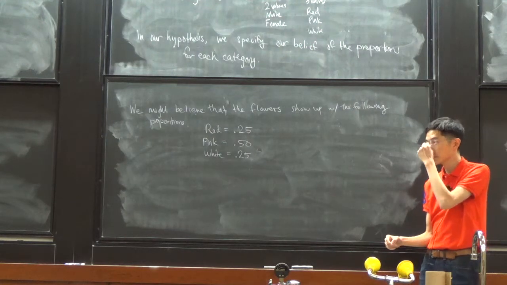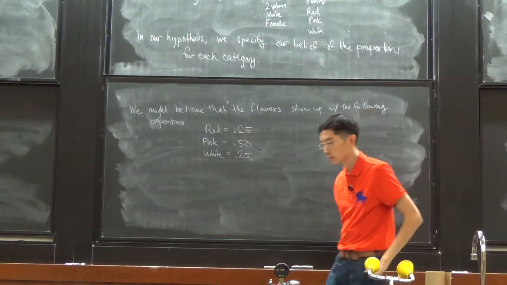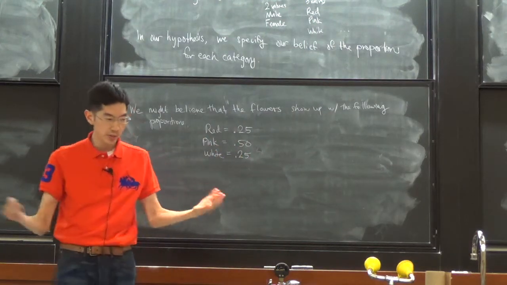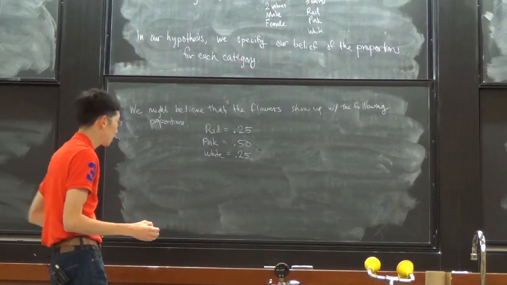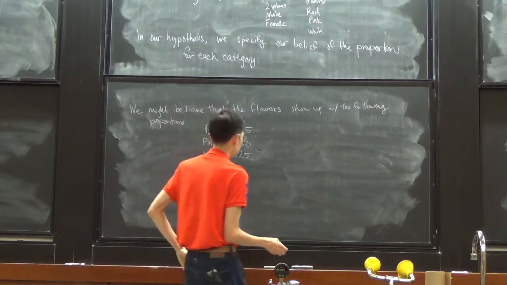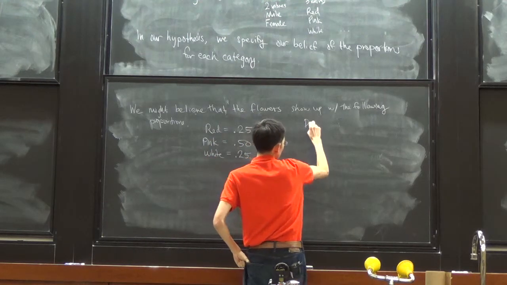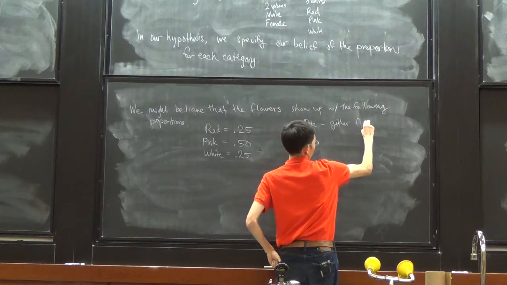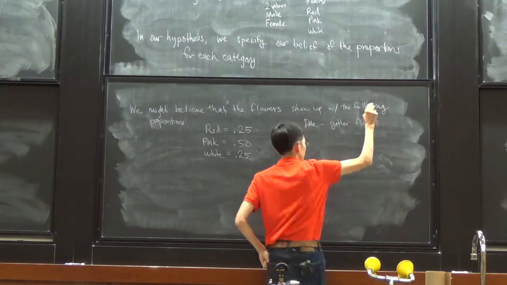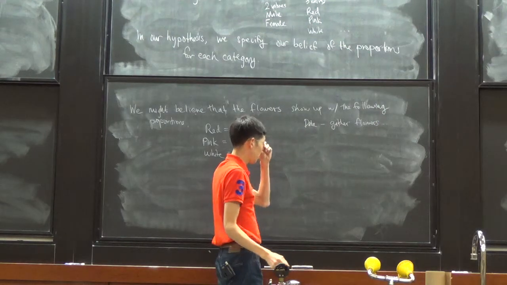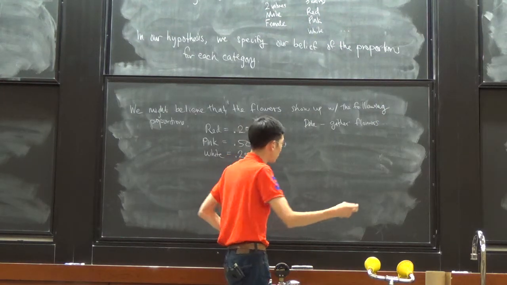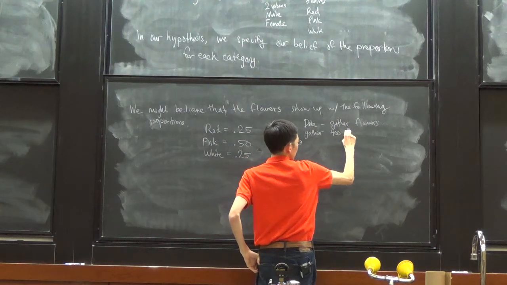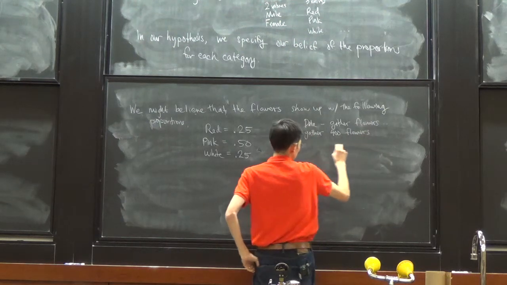And so you might go gather a random set of flowers, and you might count how many we have. So our data is we gather flowers. Let's say we gathered 400 flowers. And these are the counts.